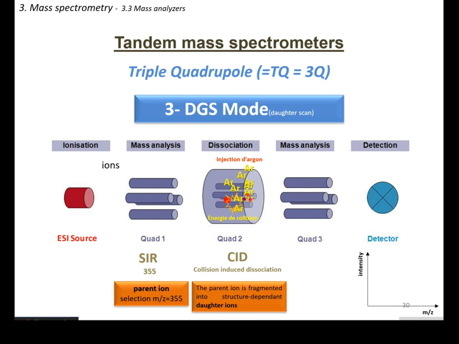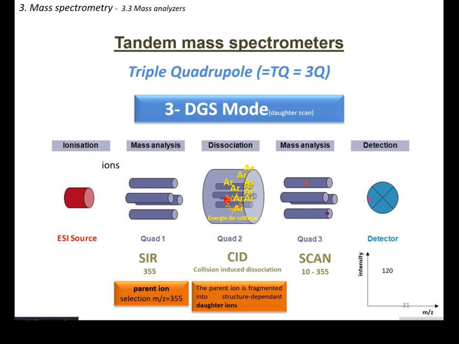This will break the ion into many fragments, some of them being charged. These ions are called the daughter ions. In French, we call them les ions fils, and in English, it is the daughter ions from this particular parent ion.